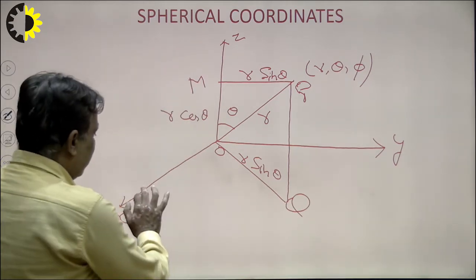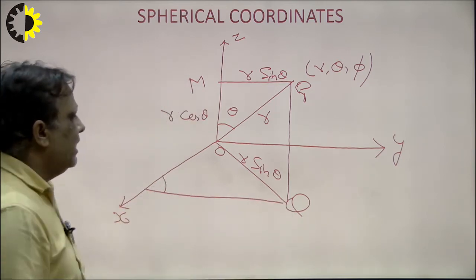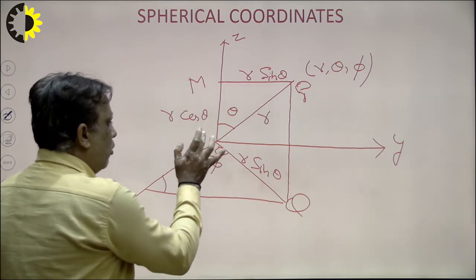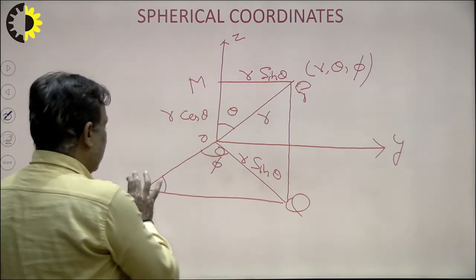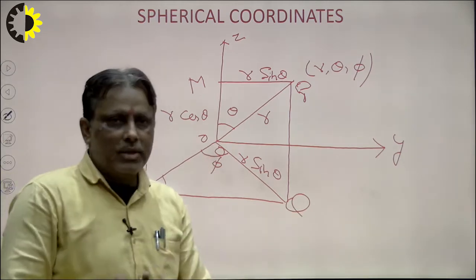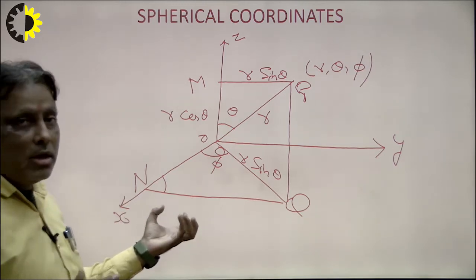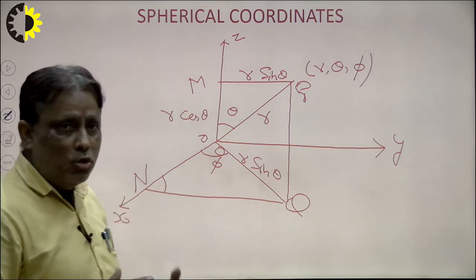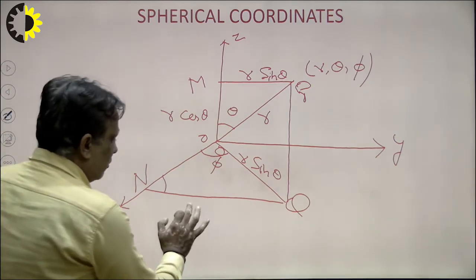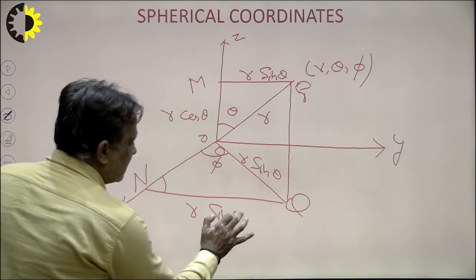Now draw a line parallel to the y-axis here, and this is equal to 90 degrees and this angle is suppose phi. The question is how to obtain ON and NQ here, this is N. Let's see very carefully. Students, listen very carefully, because this is the criterion to obtain the spherical coordinates with the help of the Cartesian coordinates. What will be the distance here? This distance will be r sin theta sin phi.